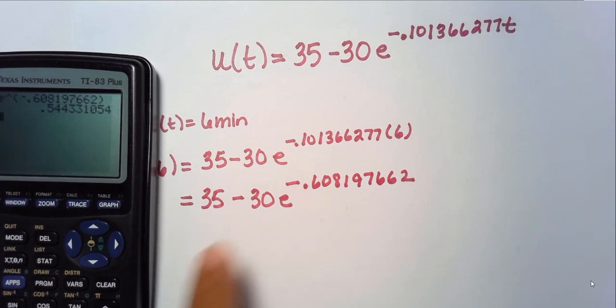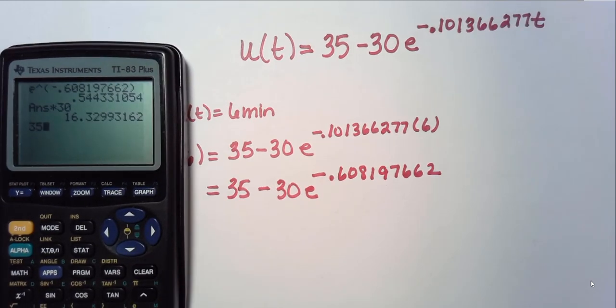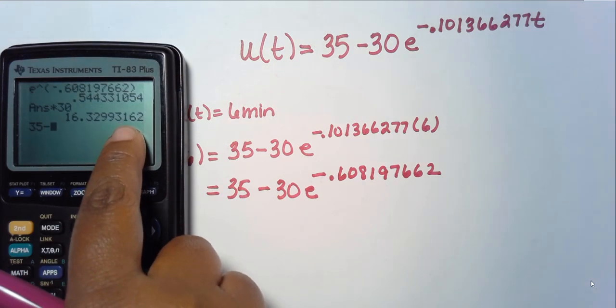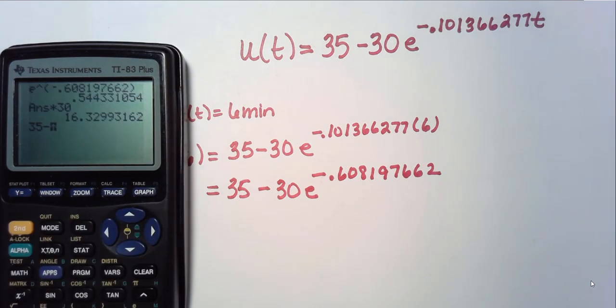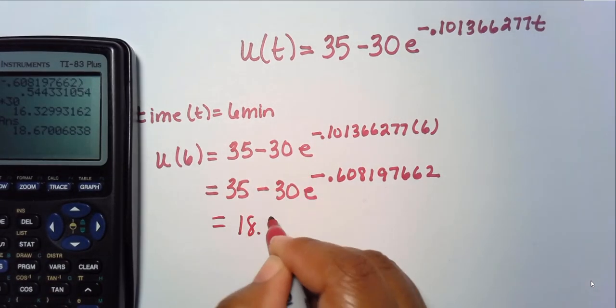Then I'm going to times 30 to that. Then I write 35 minus, and recall my previous answer by pressing second and the negative key below the number 3, then press enter. That gives us 18.67.